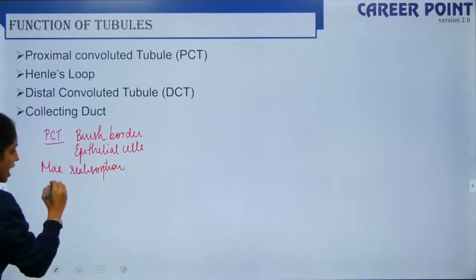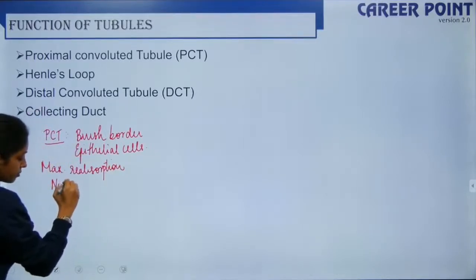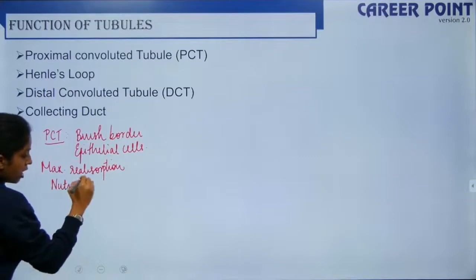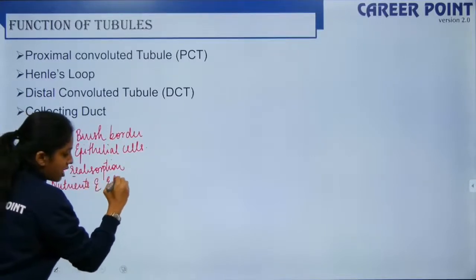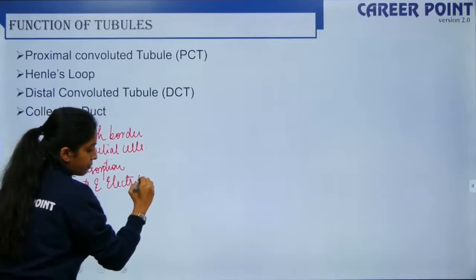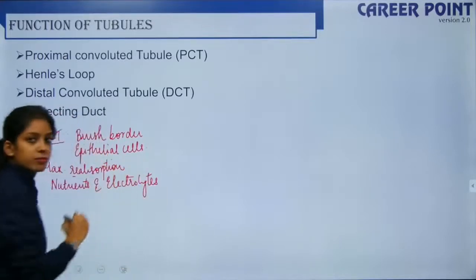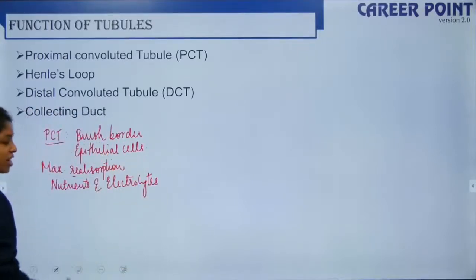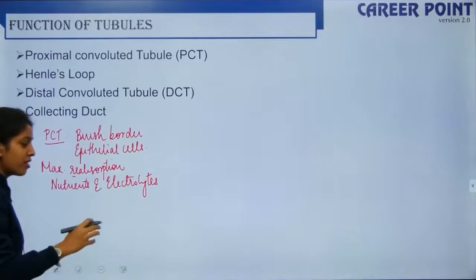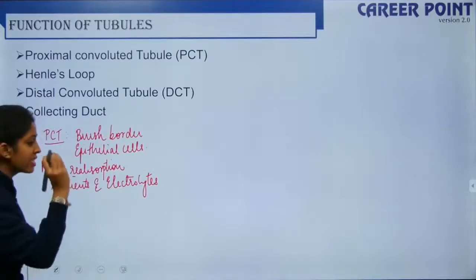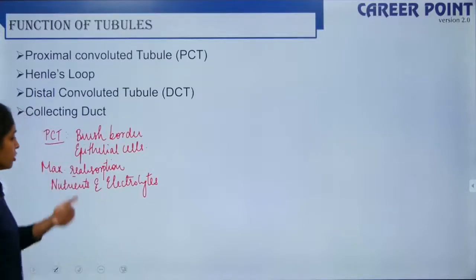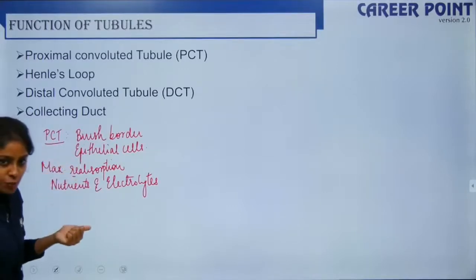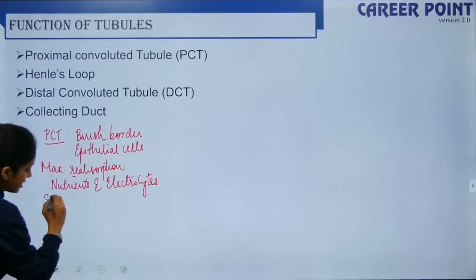So all the essential nutrients and the electrolytes are reabsorbed here. Okay. So like your Na+, K+, all the important electrolytes are reabsorbed here. So this plays a role in reabsorption as well as in secretion.